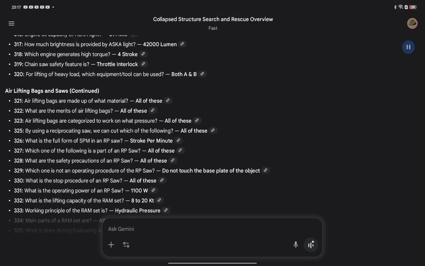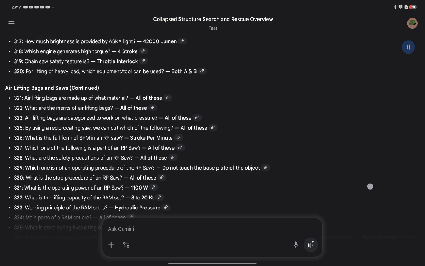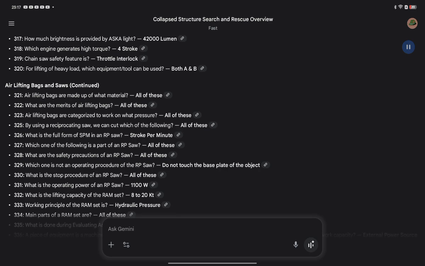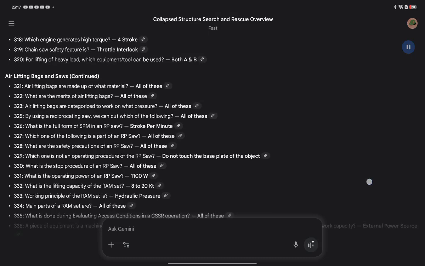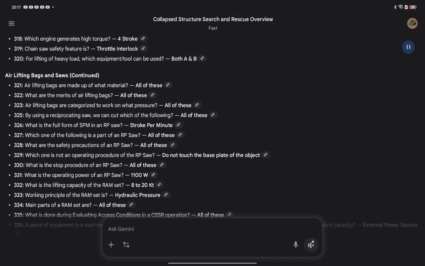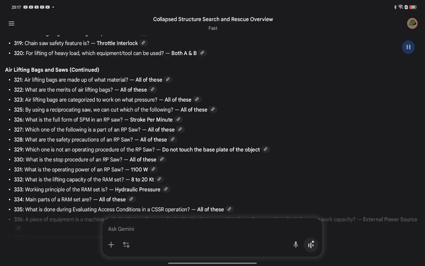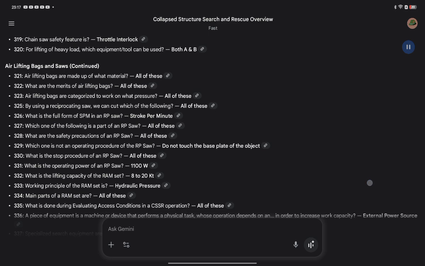How much brightness is provided by Asker light? 42000 lumen. 318. Which engine generates high torque? 4-stroke. 319. Chainsaw safety feature is? Throttle interlock.